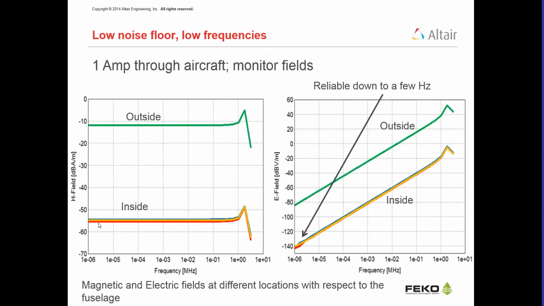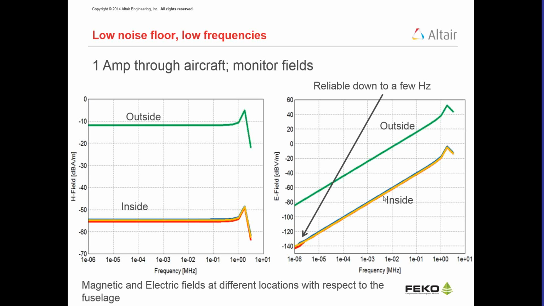Inside, in various locations, the magnetic field and electric field are much lower, like minus 55 dB ampere per meter, as well as almost 140 dB volts per meter, much lower than the outside fields here.